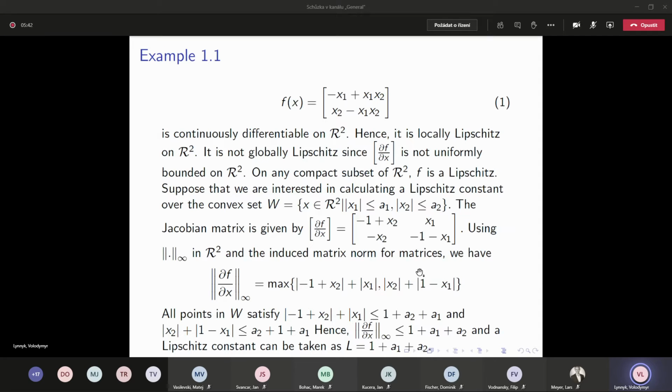All points in W satisfy that |-1 + x2| + |x1||x2| is less than or equal to 1 + a2 + a1 a2, and for the second part, |x2| + |1 - x1| is less than or equal to a2 + 1 + a1.